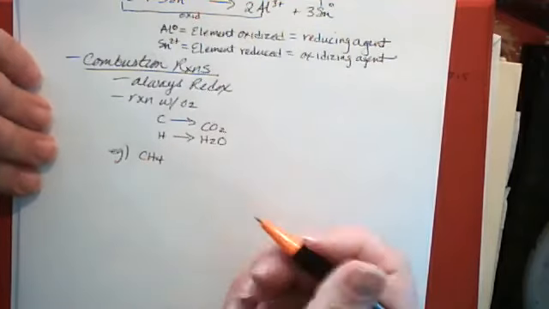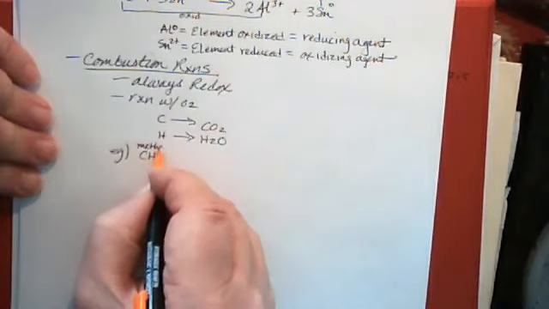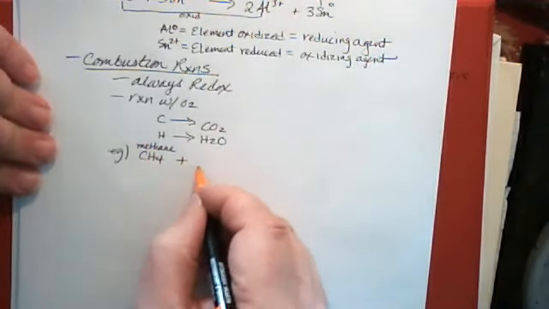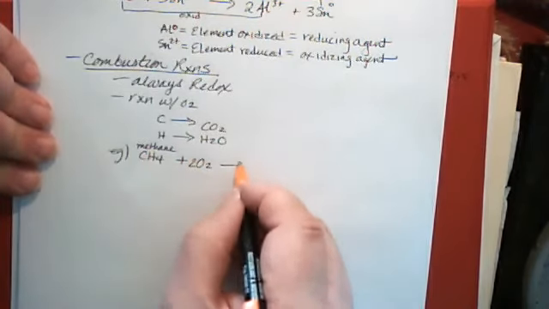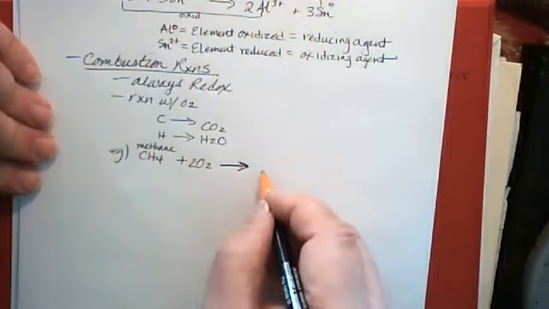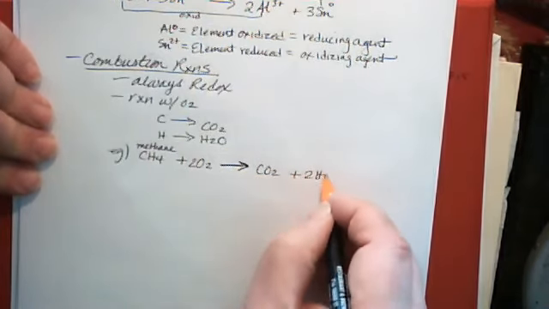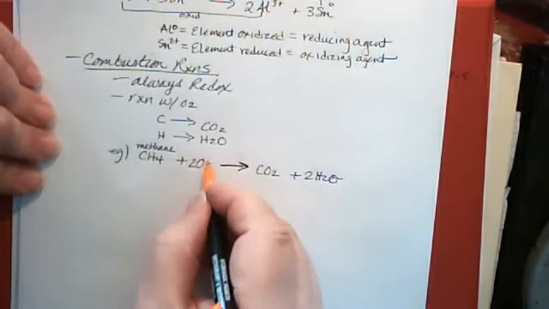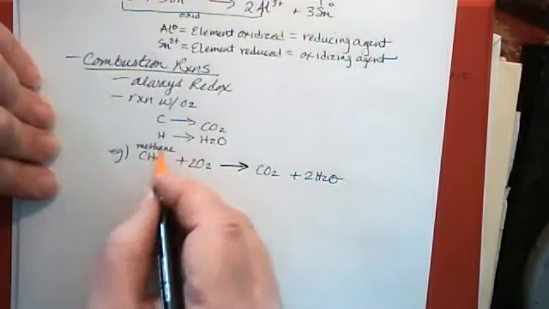An example would be, say, the combustion of methane. That's the principal ingredient in natural gas. And when you burn methane in air, it combines with 2 oxygen molecules from the air, and it produces CO2 and 2 H2O. Oxygen, again, is a free element, so this is definitely redox.